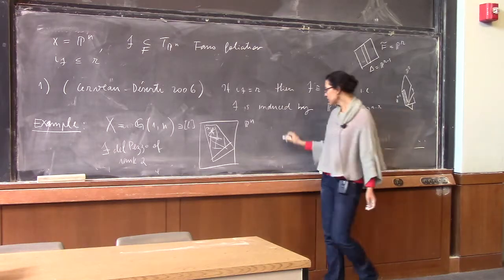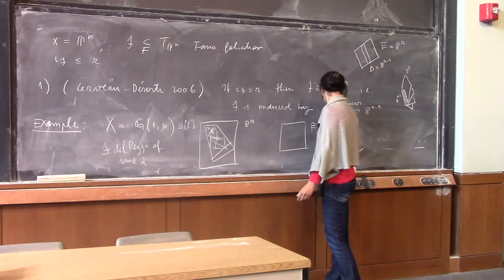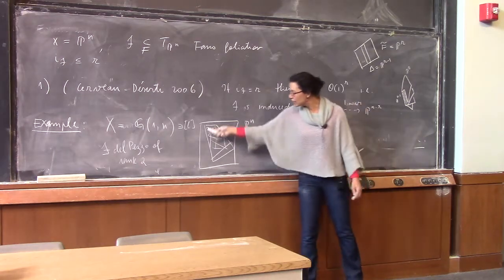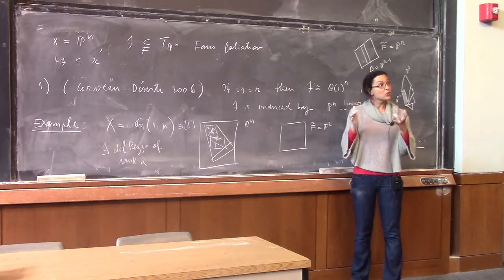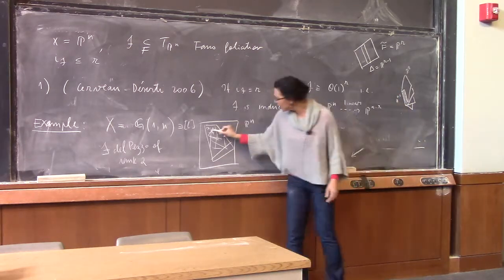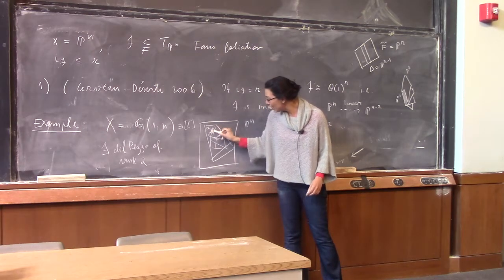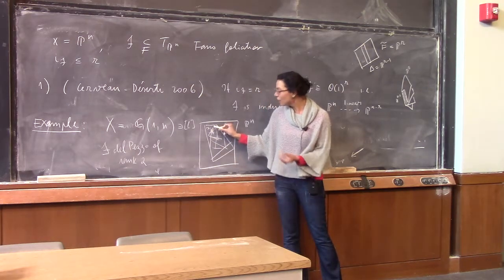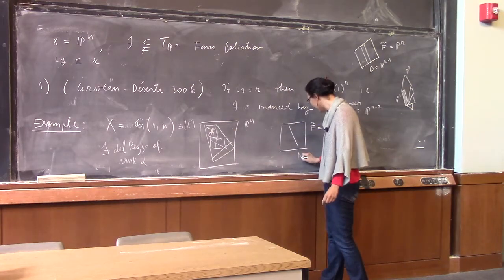So in this case, what is the log leaf? The log leaf F tilde is just P2, the P2 of lines contained in this plane. The delta is always supported in the singular locus. Here the singular locus is the line of lines through x, which is just a linear P1. So this is the delta.